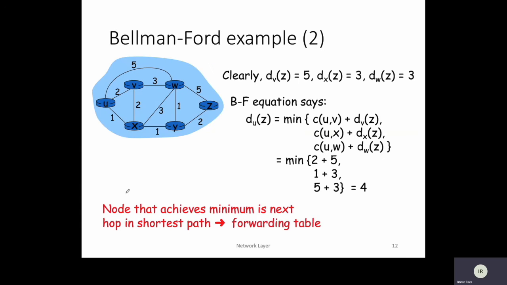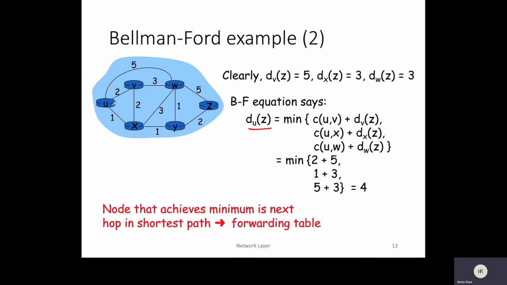So if we look at this problem of finding the least cost using the Bellman-Ford equation, it's the same example, by the way, that we used in the last lecture. What do you think was the least cost to reach from u to z?